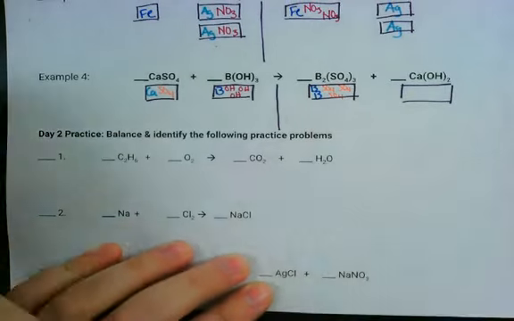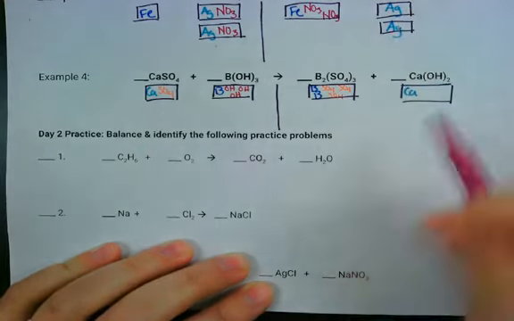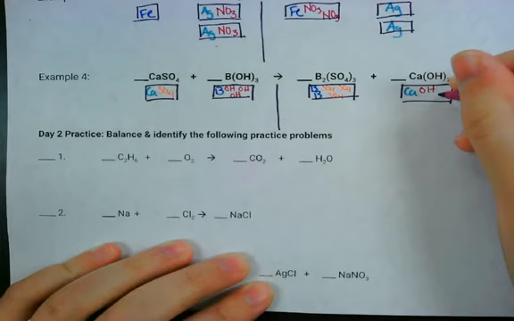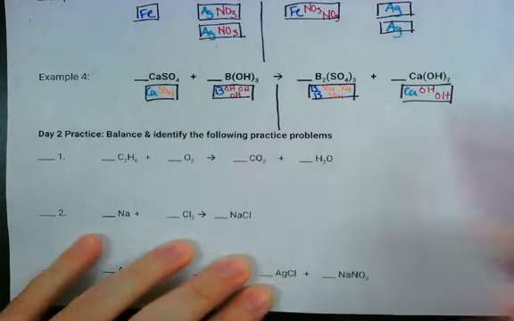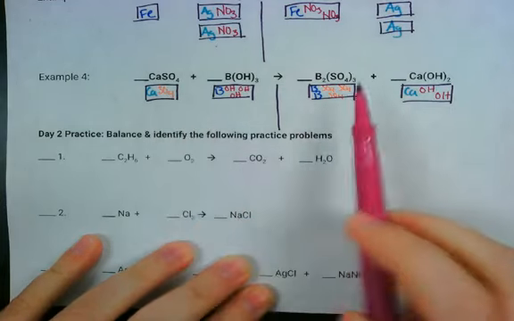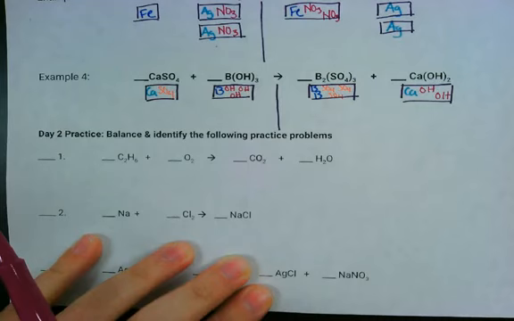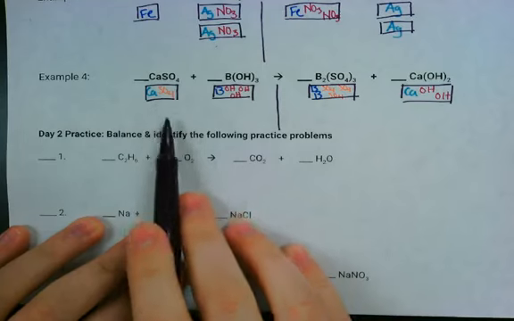Alright, calcium, we have 1, and hydroxide, we have 2. Alright. Calcium is balanced. Let's check the sulfate. 1, 3. That's not right. We need 2 more boxes on this side, right? 1, 2, 3.